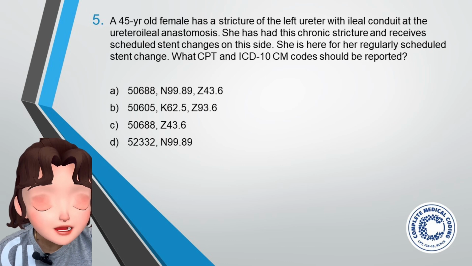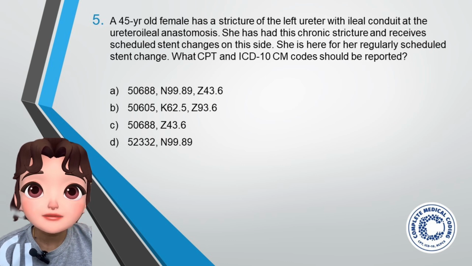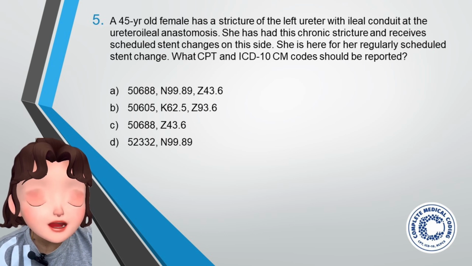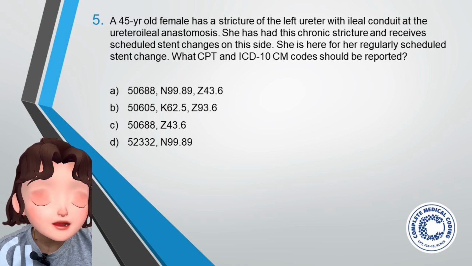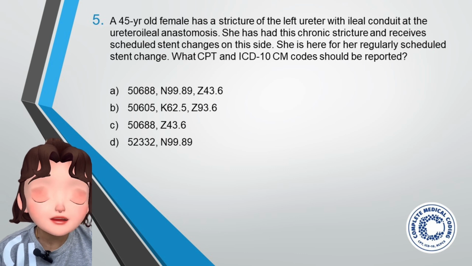Z43.6. What does Z43.6 represent? Z43.6 represents encounter for attention to other artificial openings of urinary tract. Encounter for attention to nephrostomy. Encounter for attention to ureterostomy.